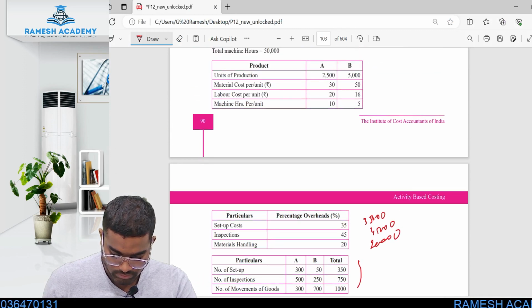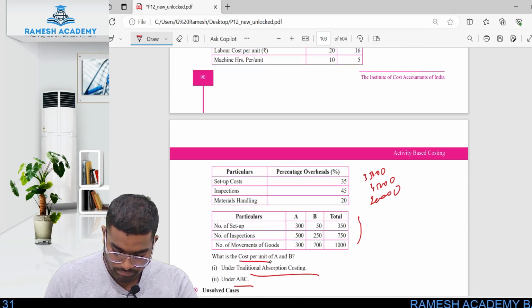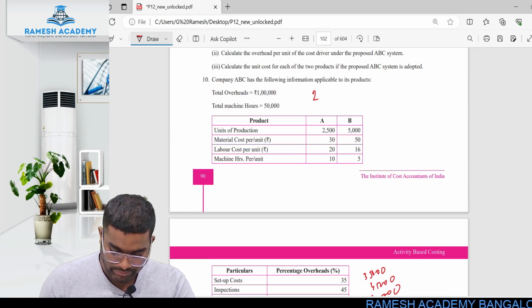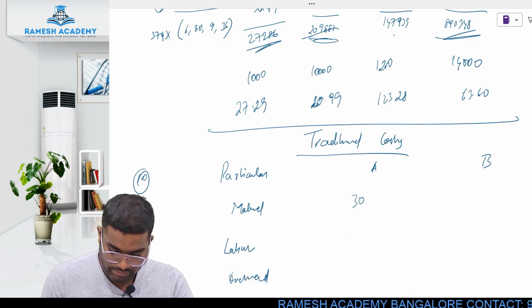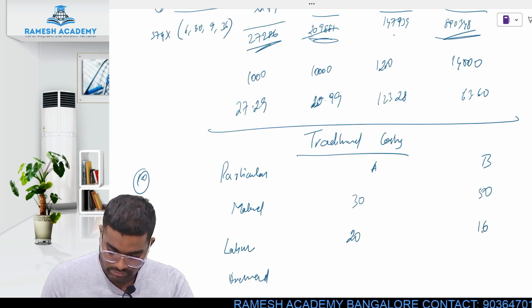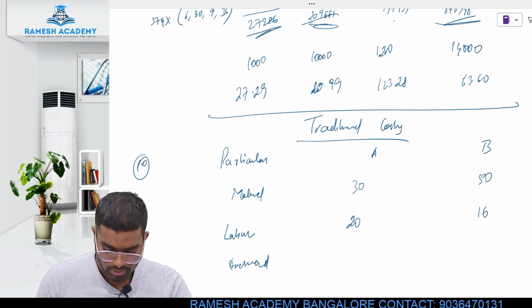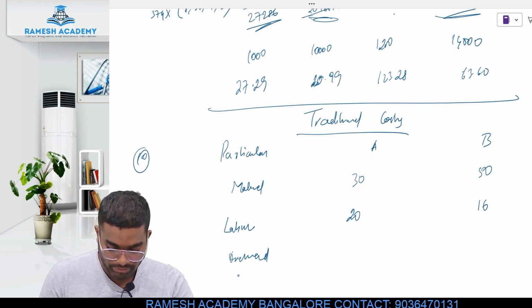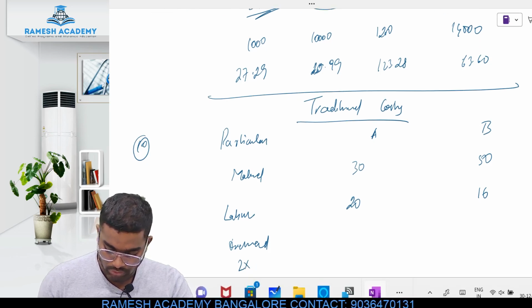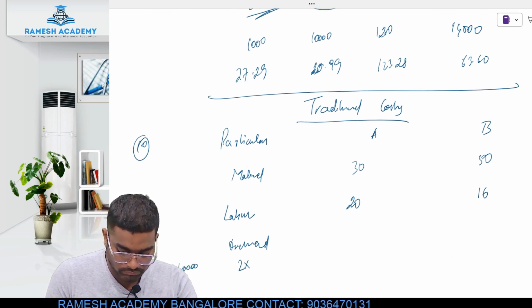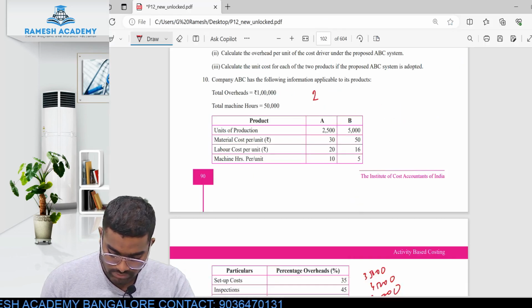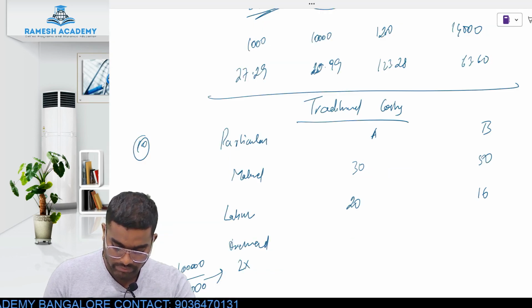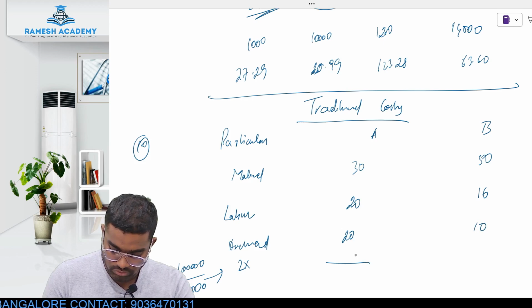Material they have only told, so we are asked to calculate cost per unit. So per unit 30, 20, 50, 16. So 30, 20, 50 and 16 they have given. Now overhead we calculated, it was 2 per unit. How did I get it? It is 1 lakh divided by 50,000, which is 2. Now what were the hours? 10 and 5. Just multiply. 10 means 20, 5 means 10. So cost is 70 here, cost is 50, 60, 76 here.